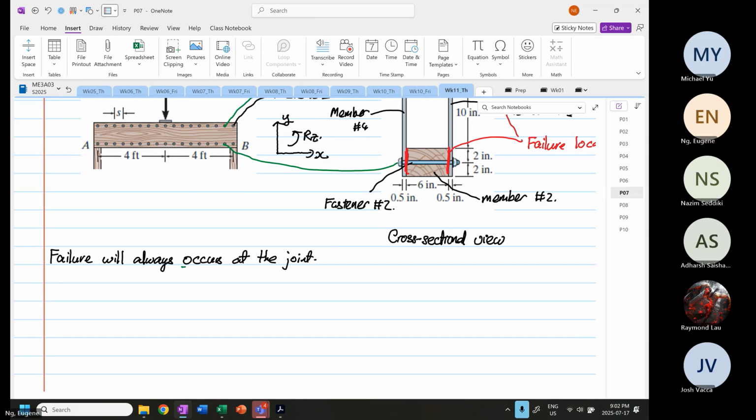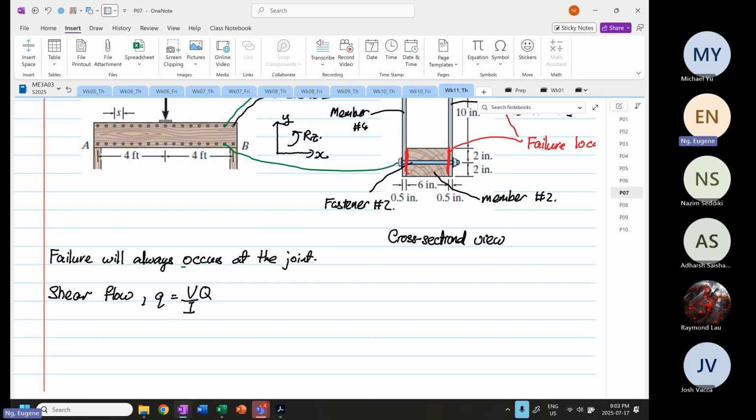Now, if we were to look at the formula that we're going to use, it is the shear flow, which is our q, and this is V over I multiplied by Q. You know that.